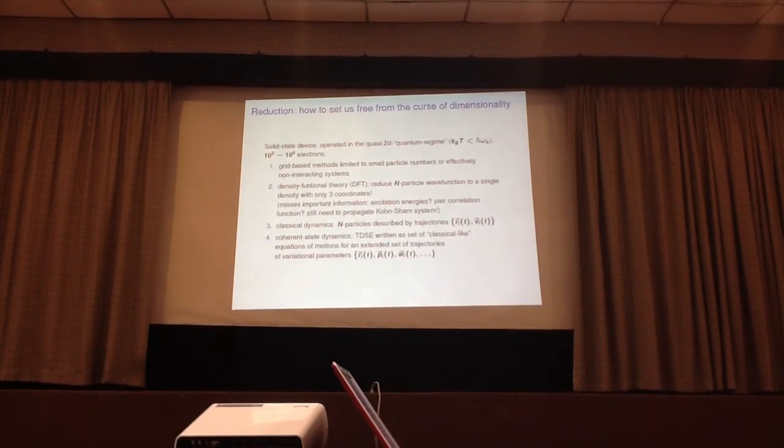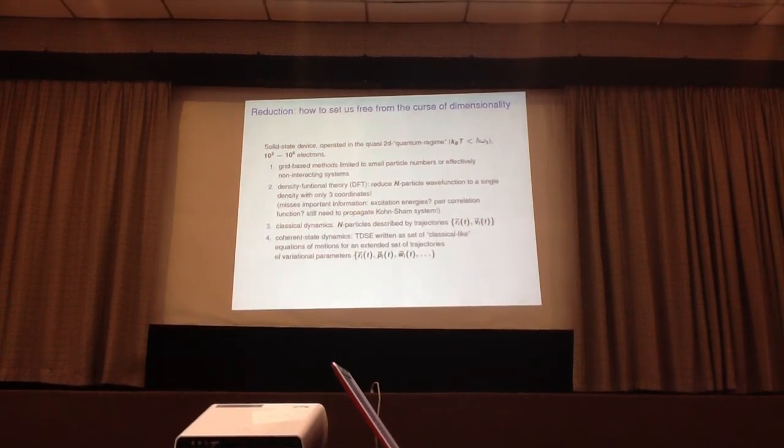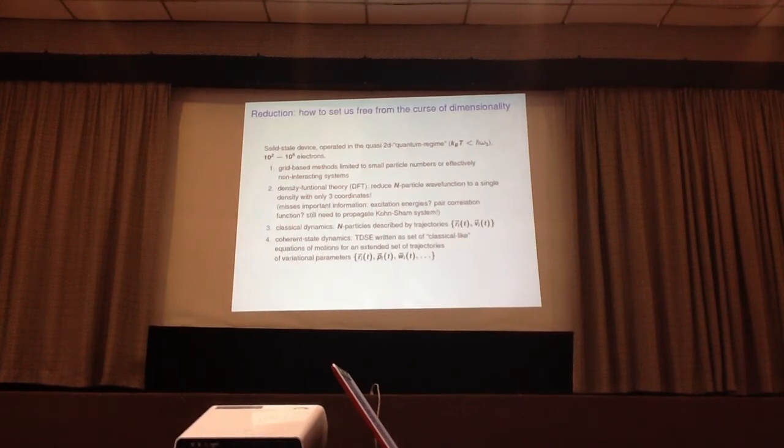Then there's the more drastic reduction in the spirit of the classical Hall effect. We think of n particles described by trajectories on a purely classical level, and the state vector of the many-body problem is just given by position and momentum. And then there are sort of hybrid methods, or in between.